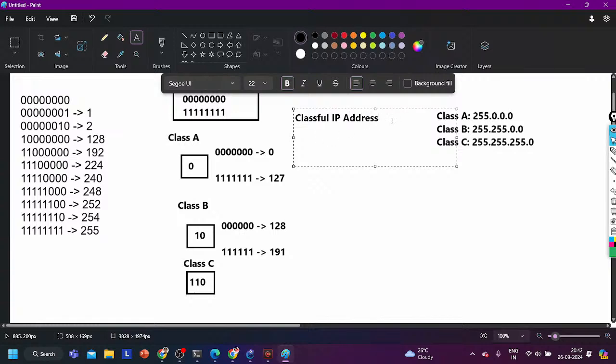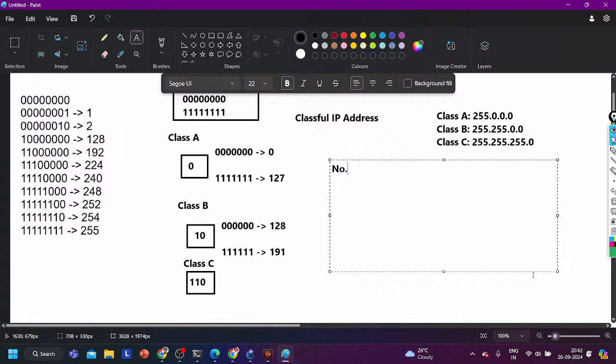Classless IP address means subnetted, right? Now some formula. The first formula is how to calculate the number of networks.